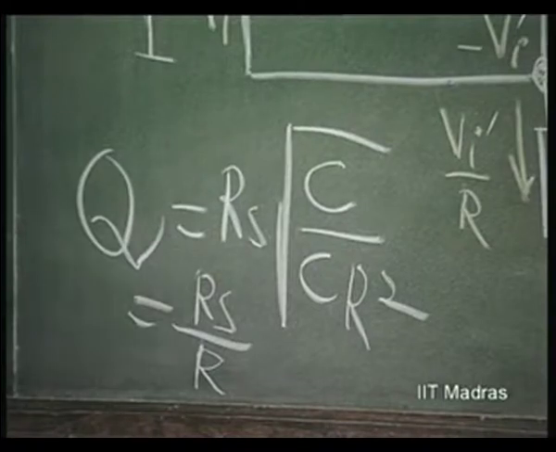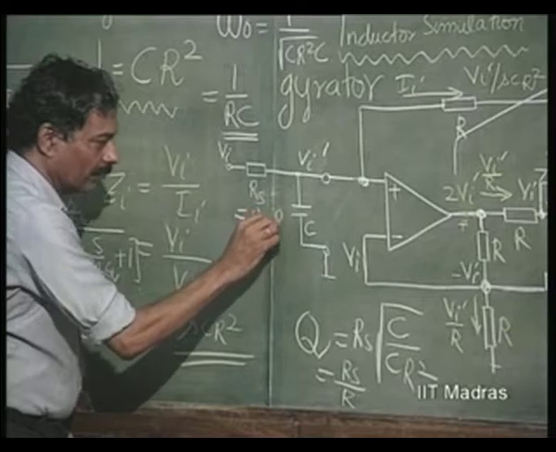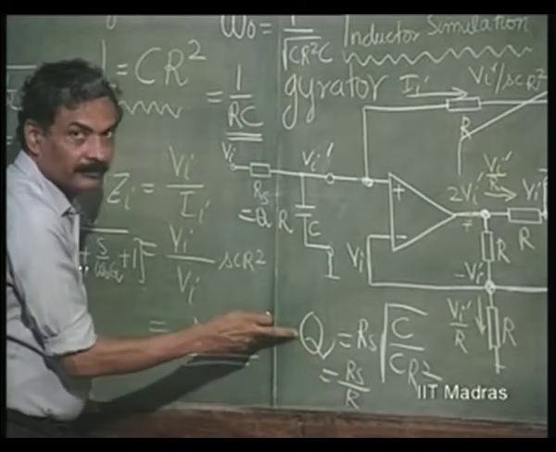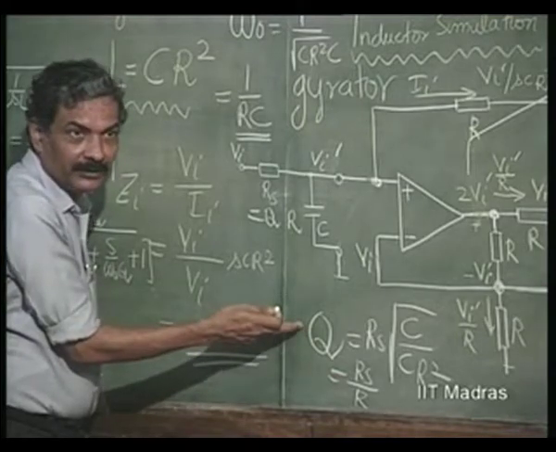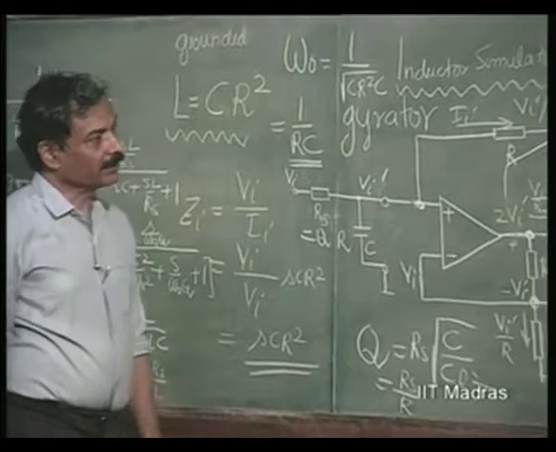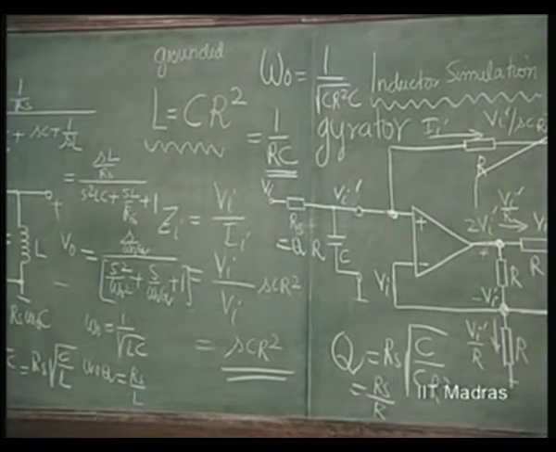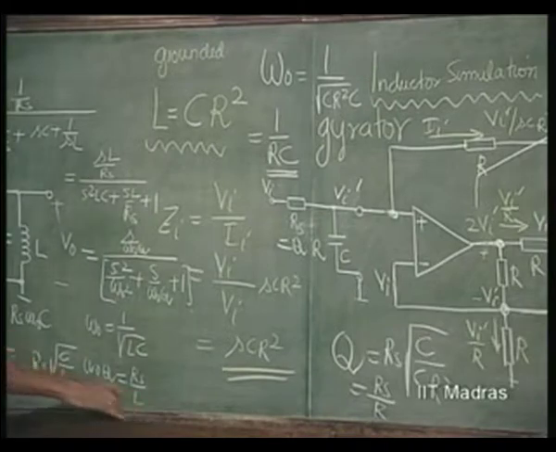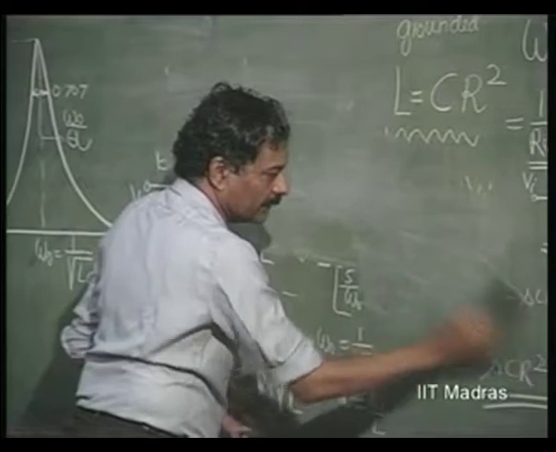RS has to be equal to Q into R, and omega naught has to be equal to 1 over RC. So, let us now consider an example, so that this problem of simulation of inductor is clear.